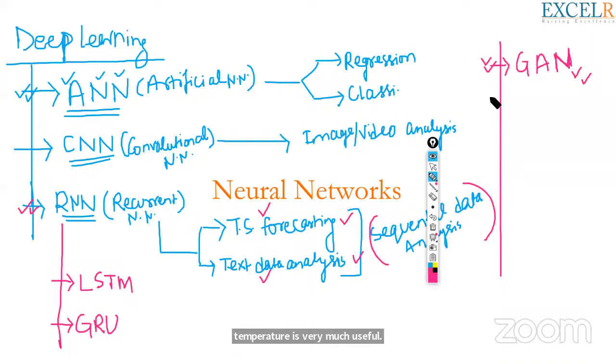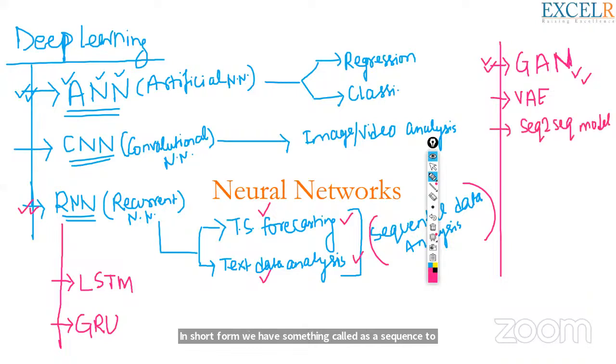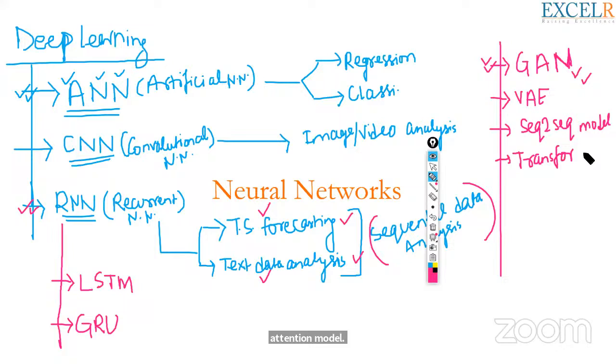And then we have a couple of other architectures like variational autoencoders, VAE in short form. We have something called a sequence to sequence model. We have transformers with attention mechanism.